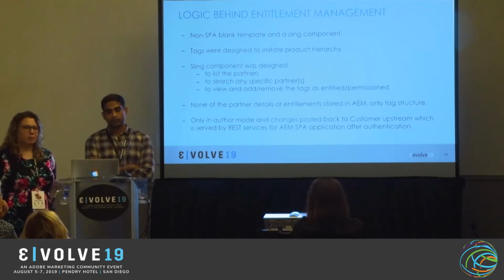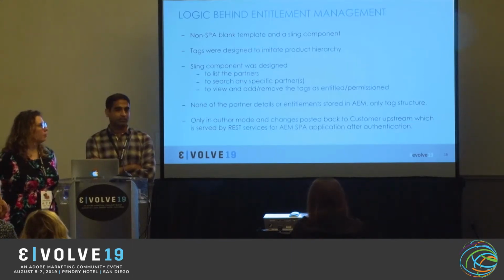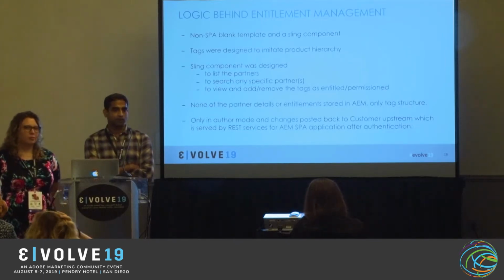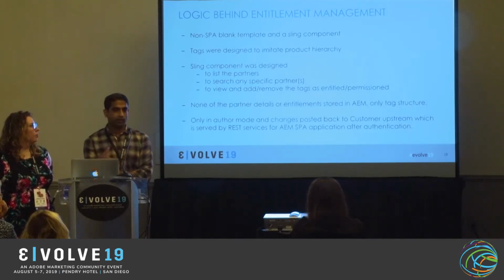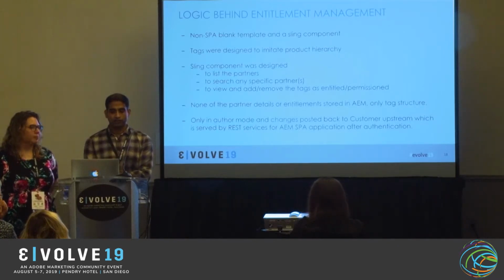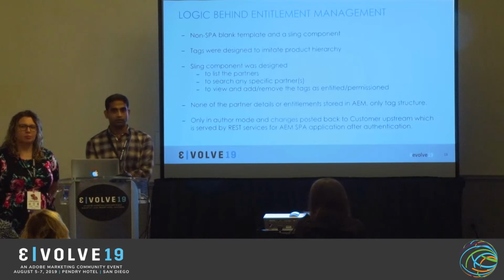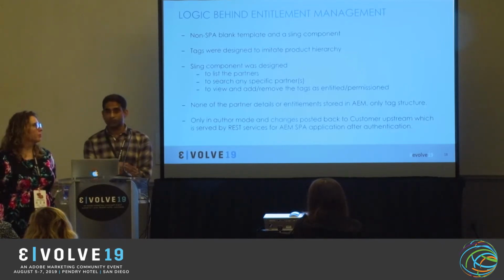So we used just a non-SPA blank template and a Sling-based component. Other components that we developed were not Sling because of SPA. We created it using Angular instead of React, because the customer felt comfortable with Angular, as they have Angular knowledge and experience within the company.